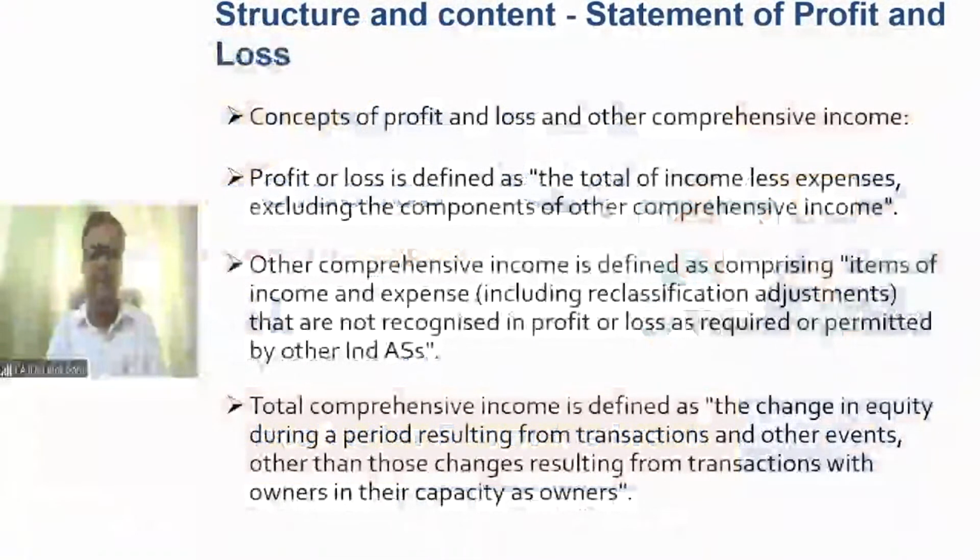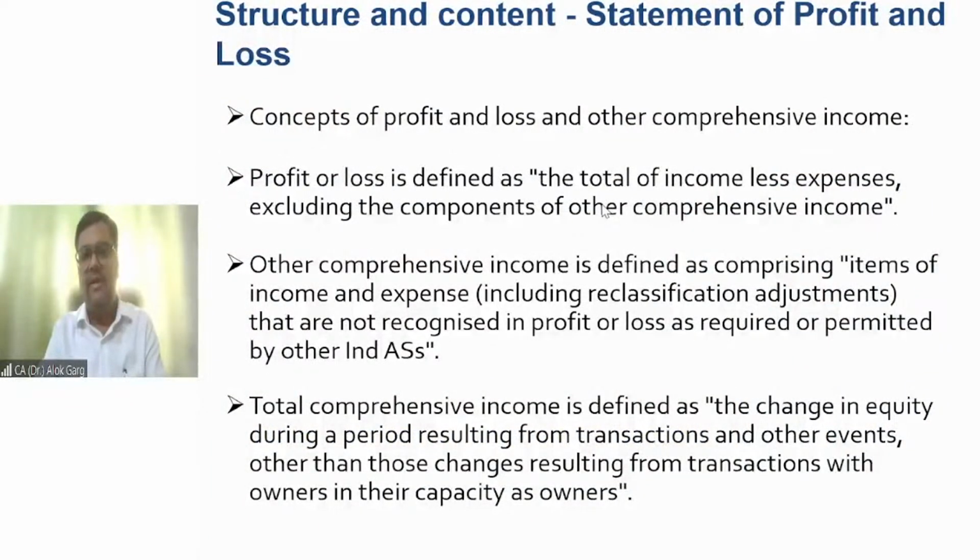The answer is current. It is within operating cycle, right? So it should be current. Have I told non-current? I think I have told current only. Yeah, I have told only current, right?